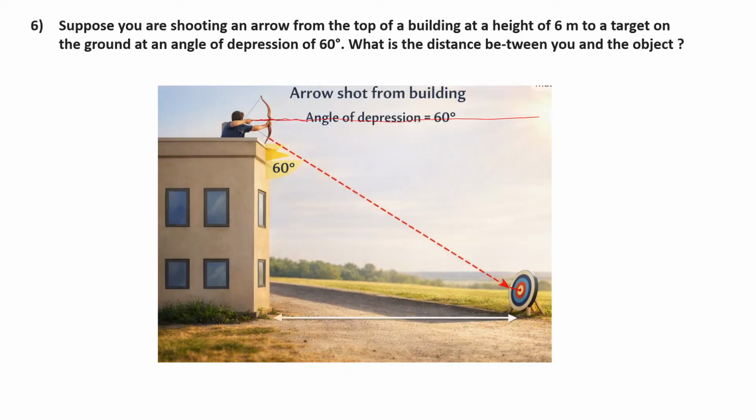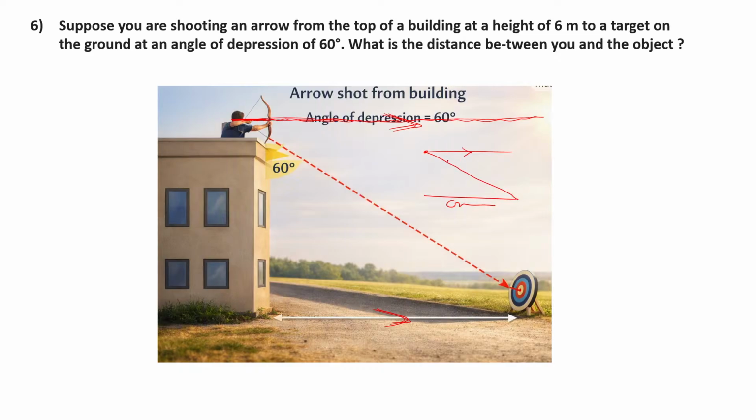So now this is the imaginary horizontal line which is passing through the eyes of the observer. And this imaginary horizontal is parallel to the ground level. You can see in this diagram, this is the actual ground level and we need to draw an imaginary horizontal. Now the observer is looking at the target like this.